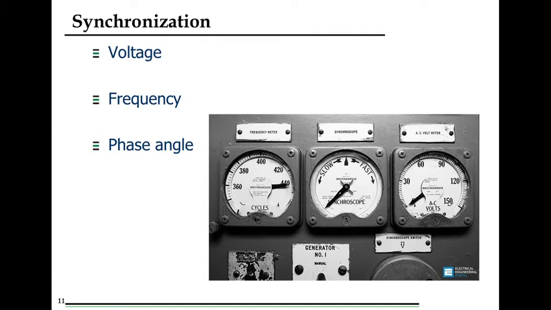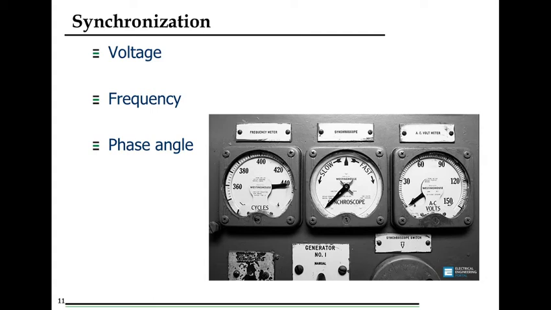It is whether the RYB phase of the incoming generator and the RYB phase of the grid are superimposing on each other or not, or whether there is any angular deviation between R of incoming and R of grid, or Y of incoming and Y of grid. So these are the three parameters that we need to check.